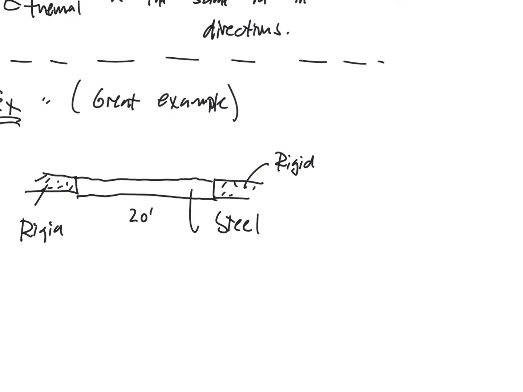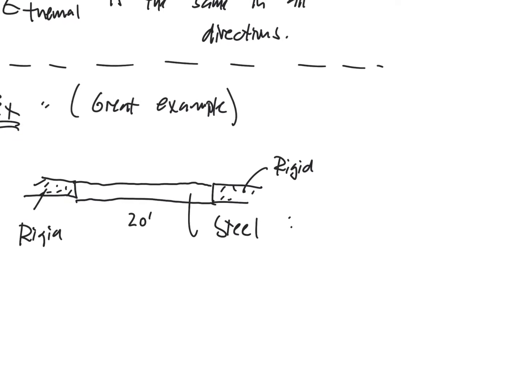And here are its properties. The steel bar, first off, has a modulus of elasticity of 30,000 ksi. That is a very common number for the elastic modulus of steel. It has an alpha. Now notice the size of this. This is 6.5 times 10 to the minus 6th per degree Fahrenheit.